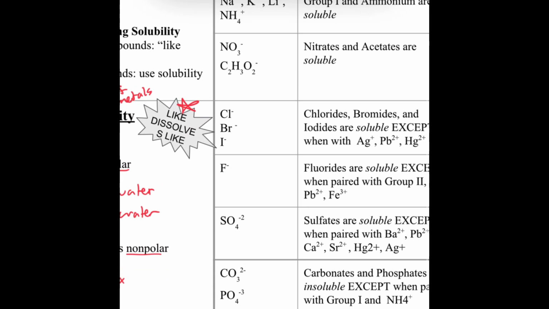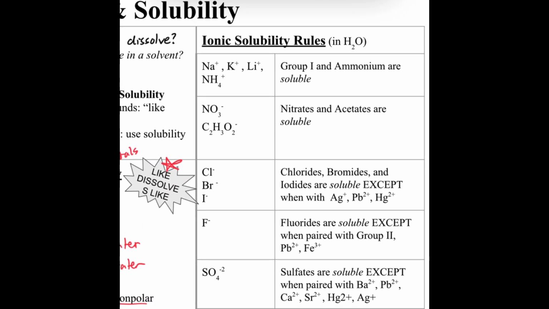If, however, you are talking about an ionic substance, right? And if an ionic substance can dissolve in water, we're going to use the ionic solubility rules, which is this giant table down here. All right? And if you forgot what an ionic substance is, that's something that's made up of a metal and a nonmetal.